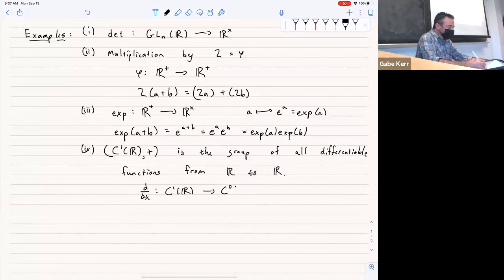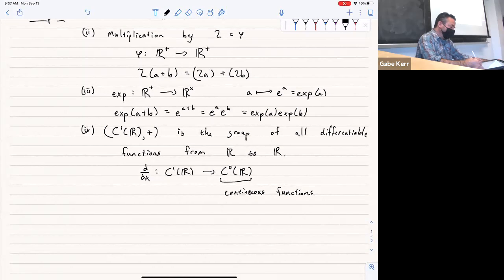Although it goes to a slightly different group, since the derivative of a differentiable function need not be differentiable. So this is the set of all continuous functions. C1 actually denotes differentiable with continuous derivative.